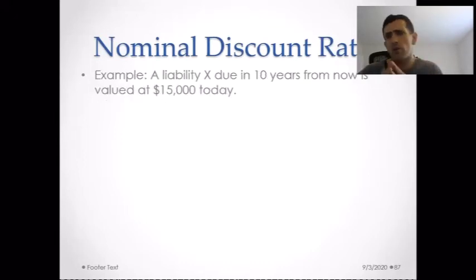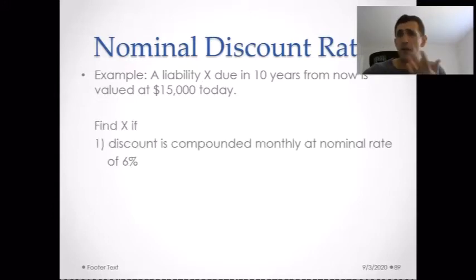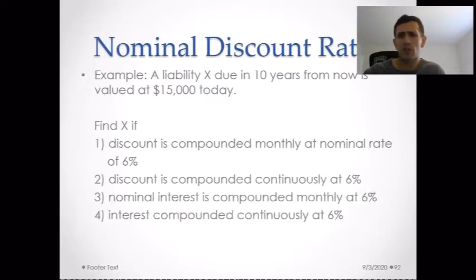All right, so let me do a very easy example. Let's say I have a liability due 10 years from now, and it's valued at $15,000 today. Find what X is in all these situations. Discount is compounded monthly at 6%. Discount is compounded continuously at 6%.